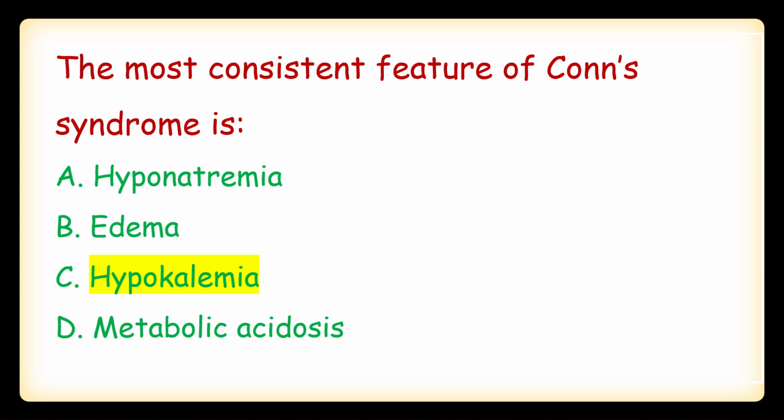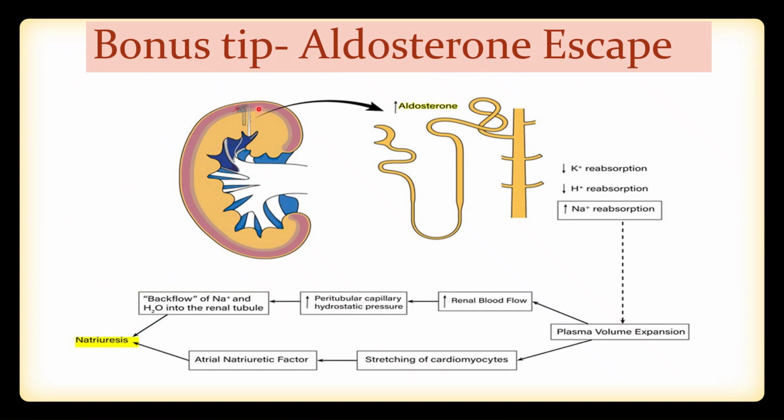Now coming to the bonus tip, that is aldosterone escape. In the options we saw edema as an option, but the aldosterone escape explains why in hyperaldosteronism there is no edema. So whenever there is increased aldosterone, we always know there is plasma volume expansion, but this plasma volume expansion leads to stretching of cardiomyocytes, which leads to the secretion of atrial natriuretic factor, which causes natriuresis.